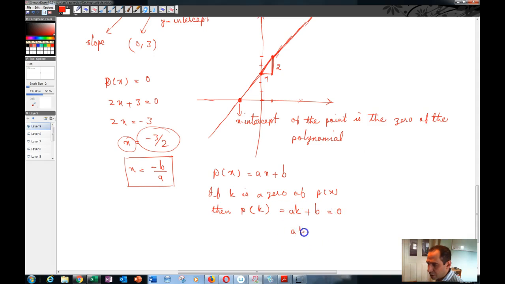So now ak plus b is equal to 0, so k is equal to negative b by a.